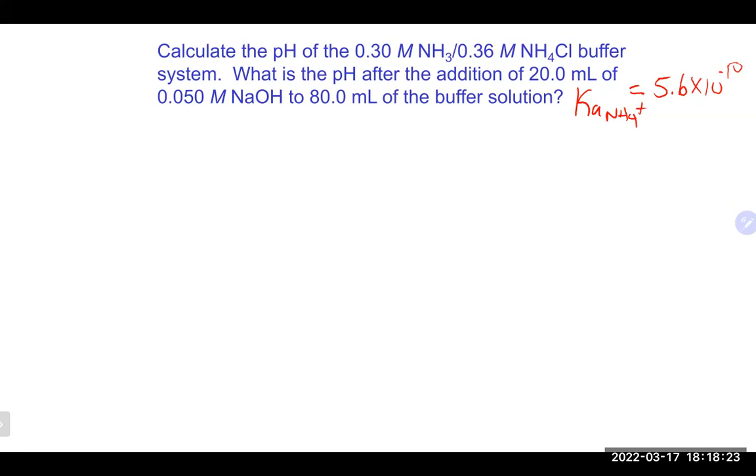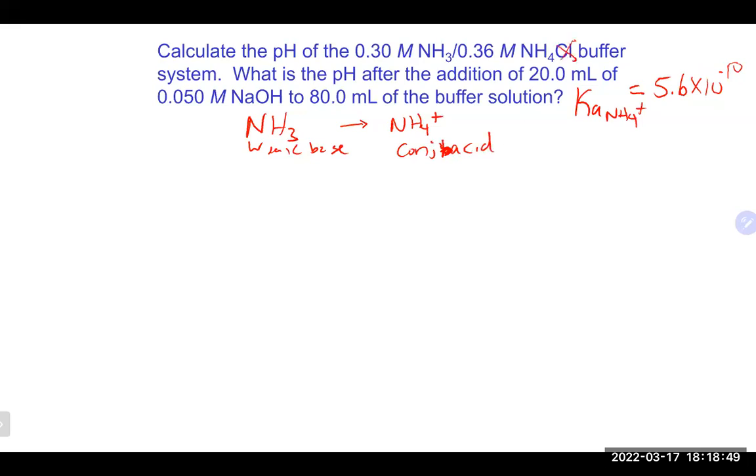Again, if they did not tell you it was a buffer, you should hopefully be able to recognize NH3. That is a weak base. And really here it is NH4+ from the NH4Cl. That is its conjugate acid in this case. Again, the Cl is really just a spectator ion.